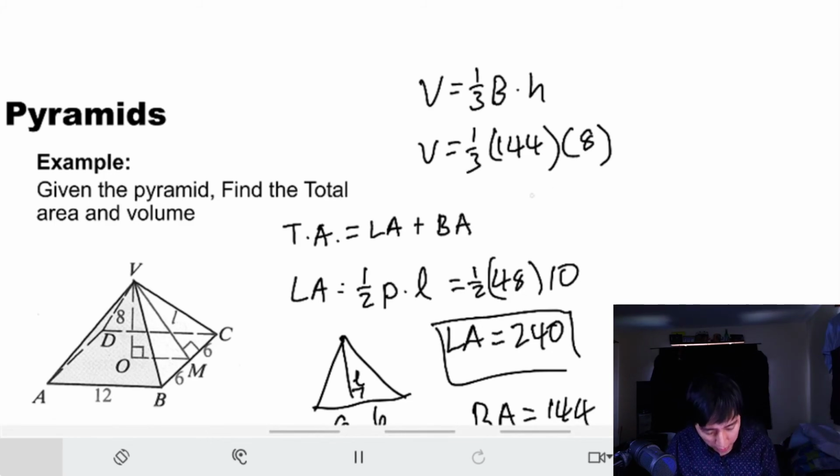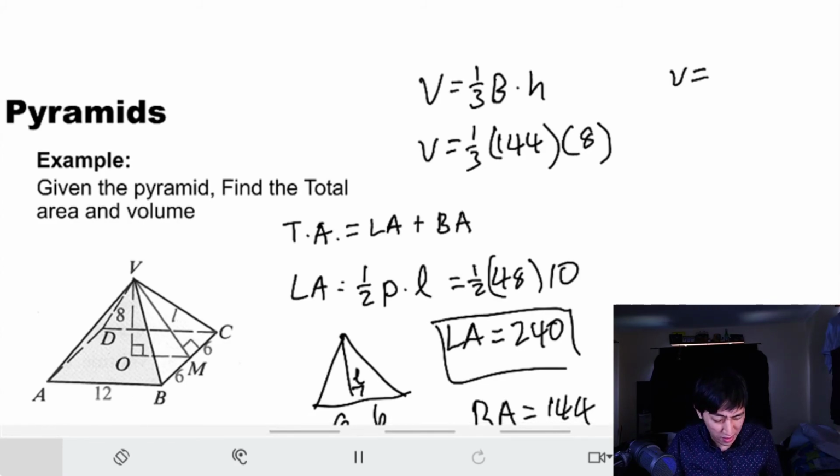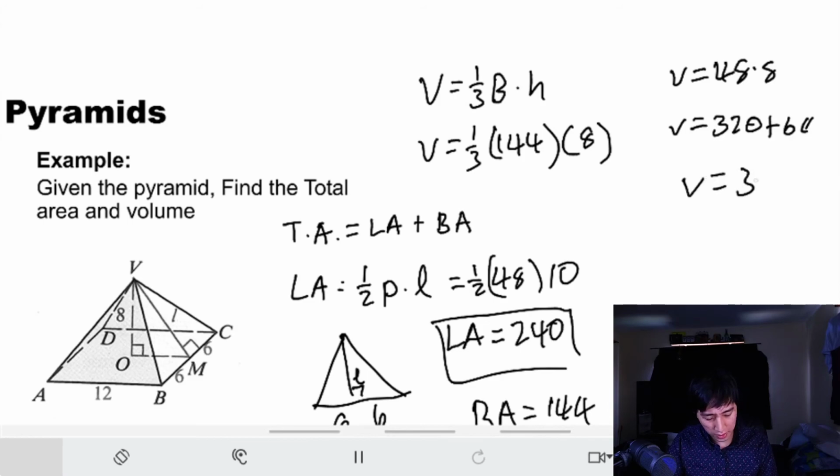So from here, we just put it all together. So my volume is equal to, what is 144 divided by 3? What is that? 48 times 8. So volume equals 48 times 8. What is that? 320 plus 64. So volume equals 384.